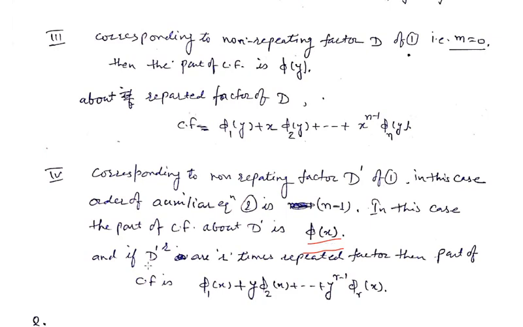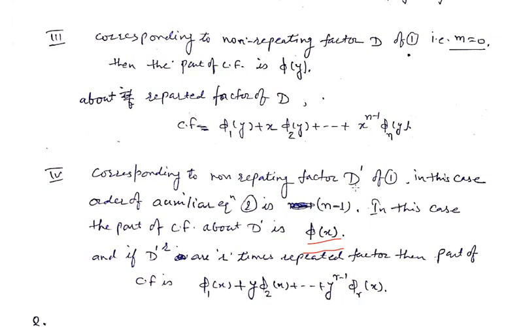And if there are r factors of D prime, a repeated factor, then CF will be, for D prime repeated r times, phi 1 (x) plus y phi 2 (x) plus so on, y raised to the power r minus 1 phi r (x).